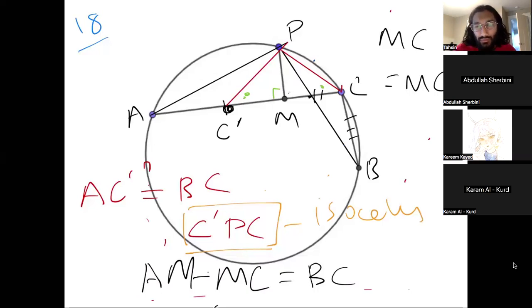So which one can we use? Let's see. Maybe CBP equals PAC. CBP.